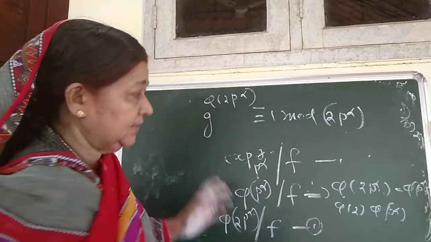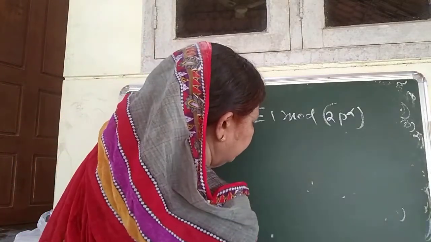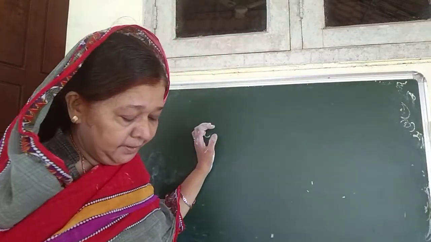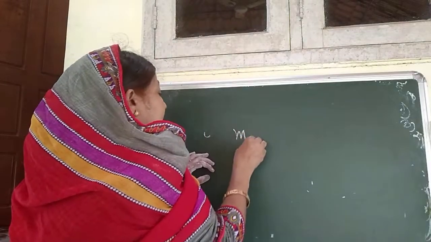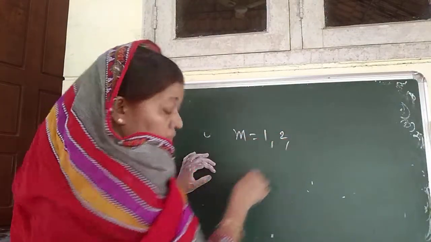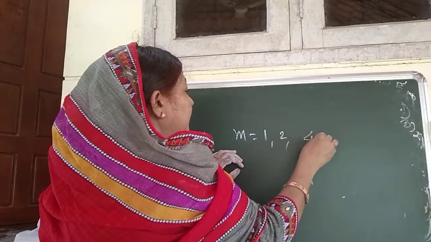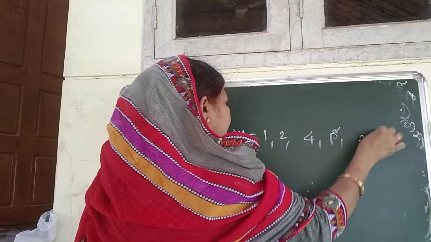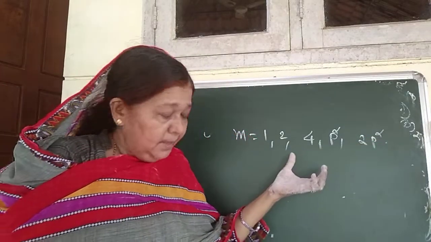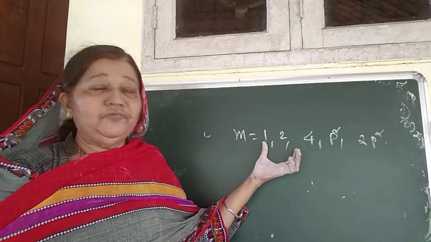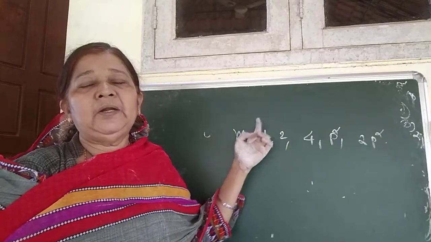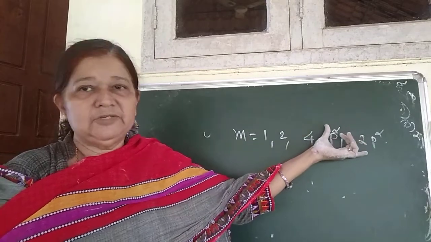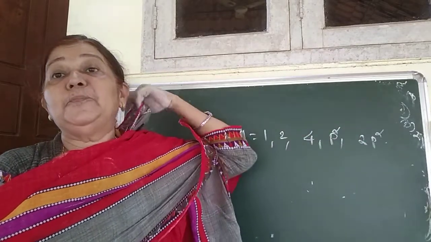Similarly, we can show that there is another theorem. That theorem is very simple. That is, given any m not of the form 1, 2, 4, p raised to alpha and 2 p raised to alpha, we have seen that they have no primitive roots.